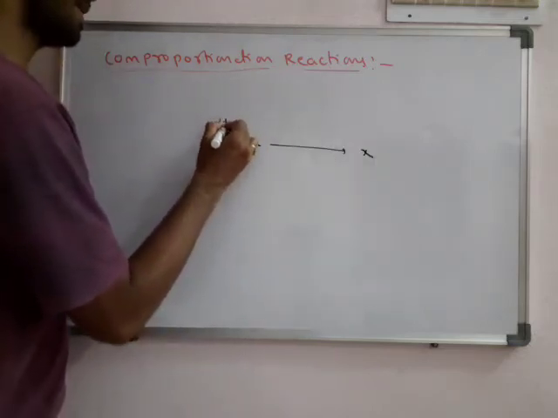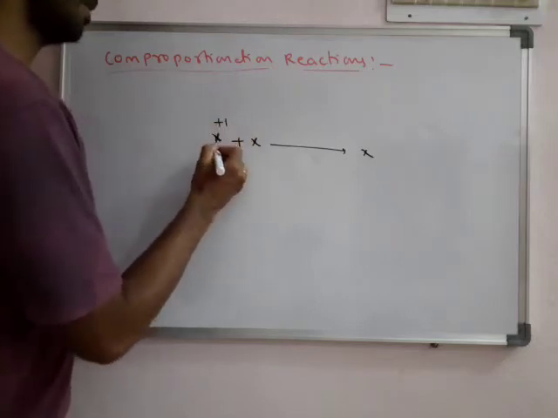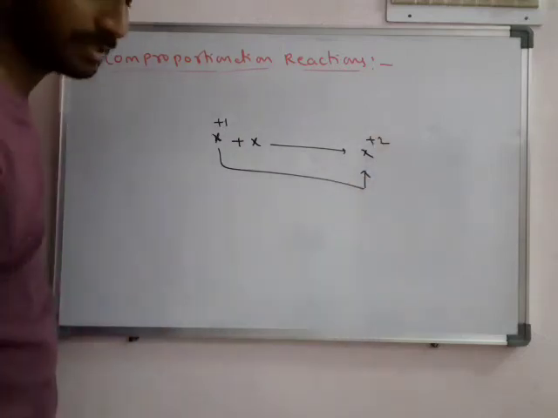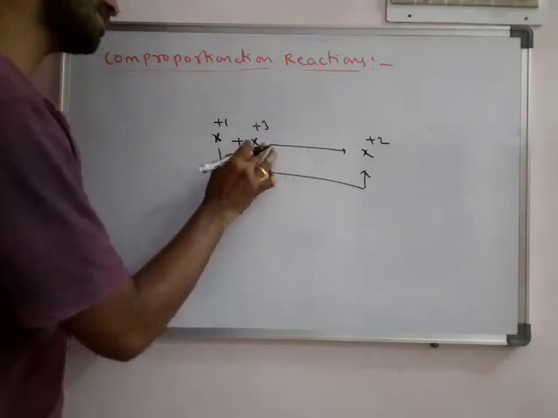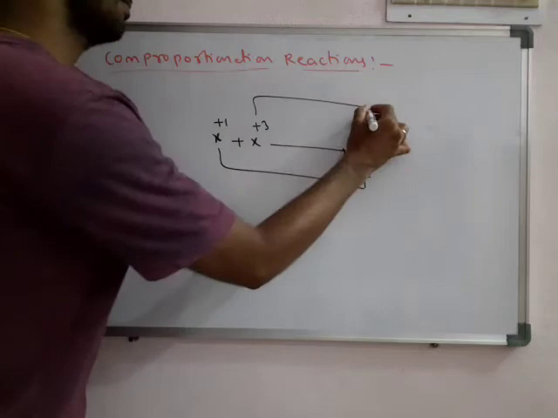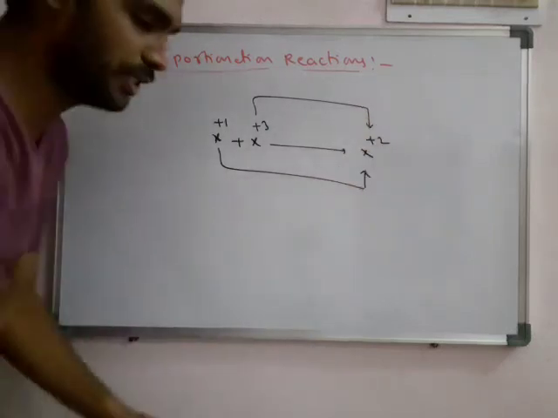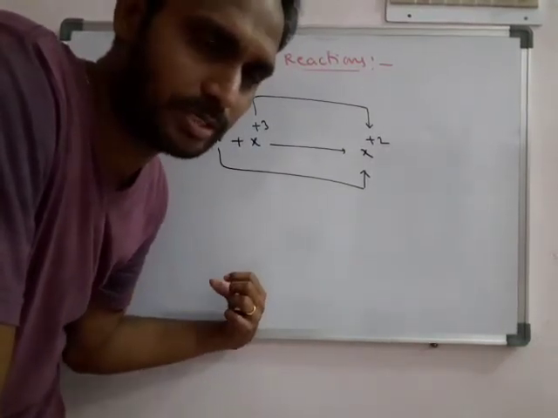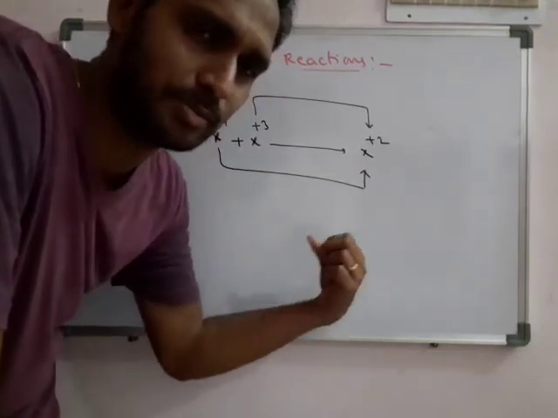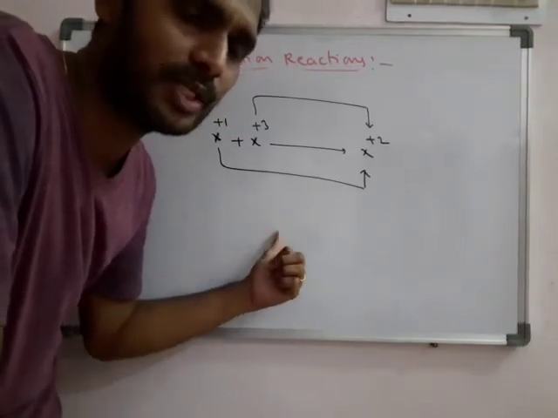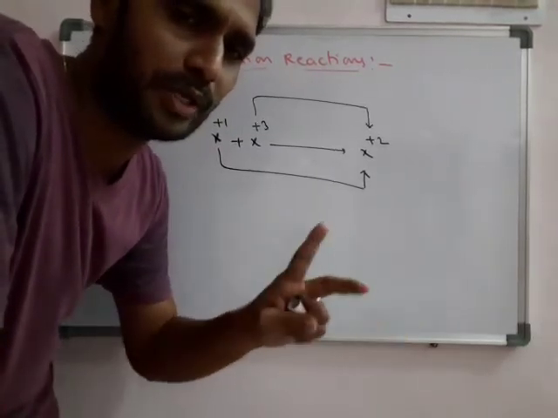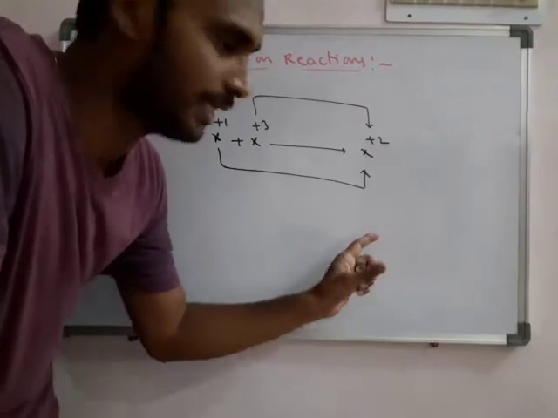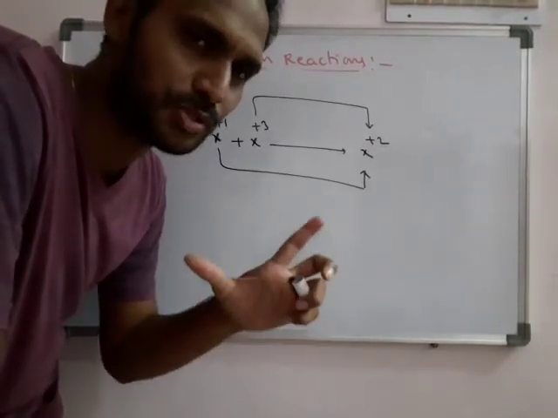For example, take x at plus 1, it becomes plus 2, so it is oxidized. The other x, the same element, is present in the plus 3 oxidation state, and it is reduced. In the earlier reactions, the same element is oxidized and reduced, but the reactant has one oxidation state and the product has two oxidation states. Here, the reactants have two types of oxidation states and the products have only one oxidation number. So overall the same element is oxidized and the same element is reduced, but these are exactly reverse reactions to disproportionation reactions.